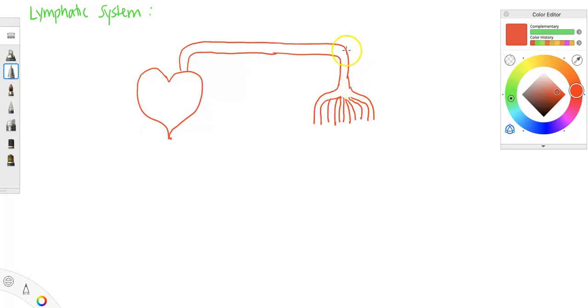So oxygenated blood comes down and enters the capillary bed, and we get perfusion into tissues.